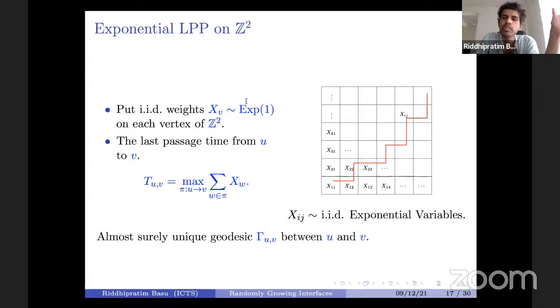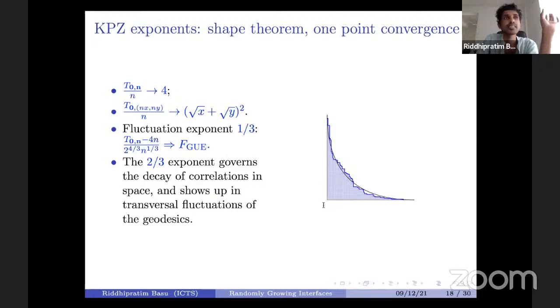Because of the memoryless property of the exponential distribution, the growth process corresponding to this last passage percolation model will be a Markov process, and that makes analysis of this model in some sense more tractable. As I said, I'll come back to this later. There should not be anything special about exponential except that it makes the analysis possible.